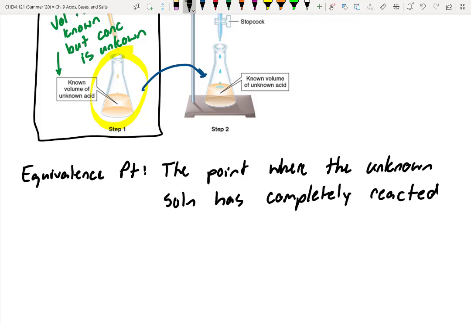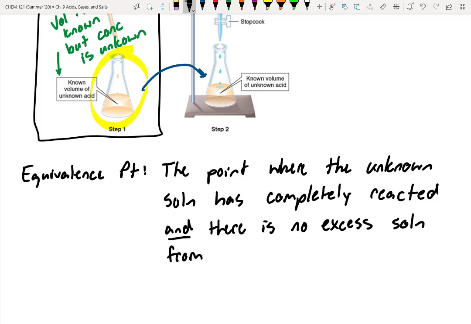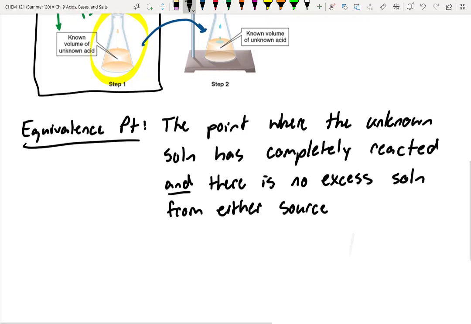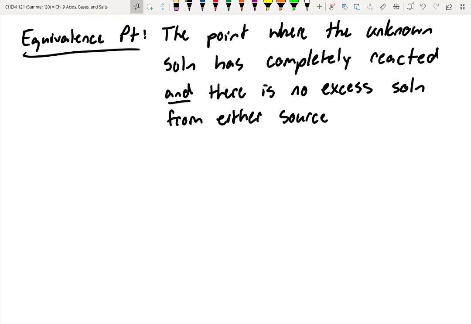So that's the point where the solution has completely reacted and there is no excess acid or base. Let me just put no excess solution from either source, because sometimes you do this without an acid or a base. All right, so that's the equivalence point we're often looking for.